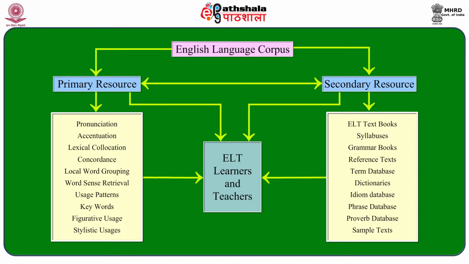Here, when we are thinking ELC as a secondary resource, we are talking about utilizing data, examples, and information from the ELC for preparing the ELT textbooks, designing or making syllabuses for ELT courses, writing new types of grammar books, reference text materials, developing term databases, good English dictionaries, idiom databases, phrase databases, proverb databases, and sample texts.